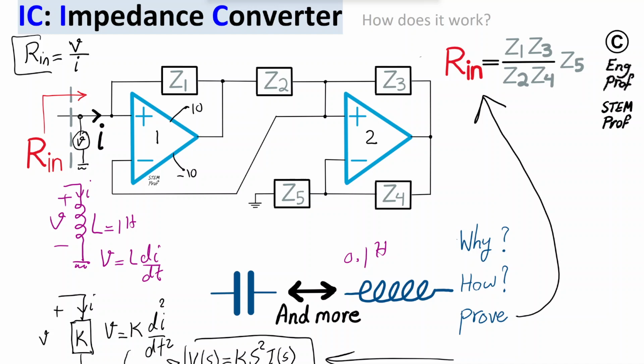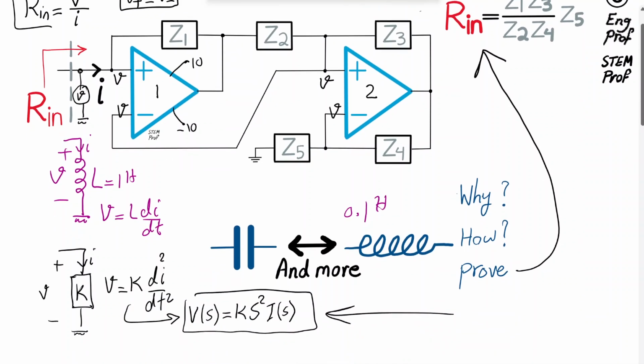Therefore, virtual short is valid for both op-amps, which means the op-amp via the feedback system is enforcing this property for the voltages of the input terminals. So if I have V here, I have V here. If I have V here via this wire, I have V here as well. Again, for the second op-amp, for the same reason in terms of virtual short, we should have V here as well. So basically the input voltage V appears at all 4 terminals of the 2 op-amps noted here.